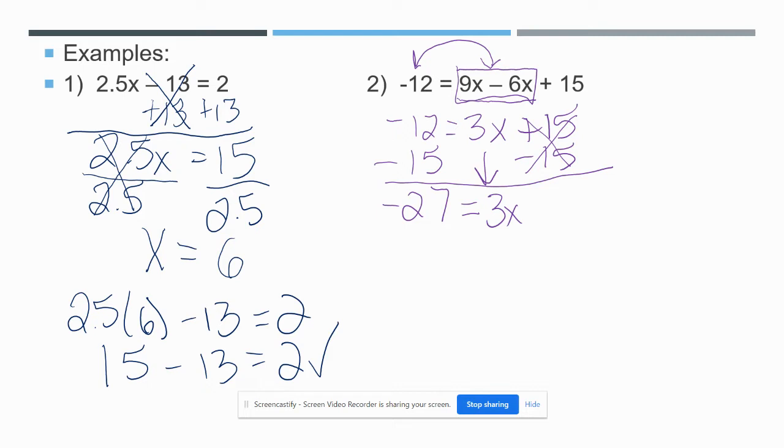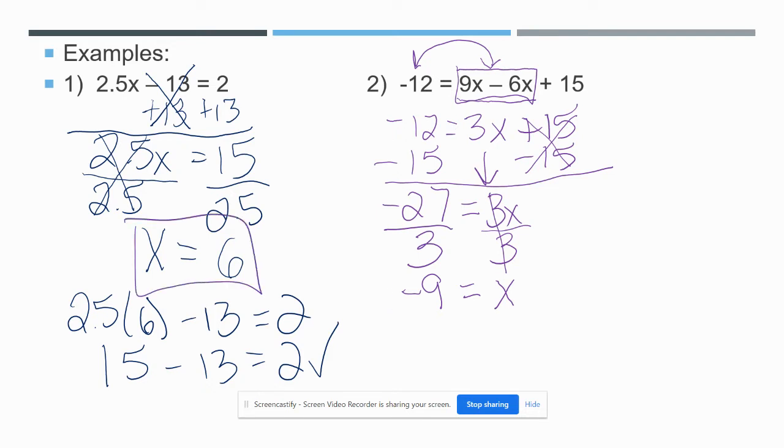Let's finish solving our problem, getting x alone. Right now, this is 3 times x, so the opposite is to divide by 3 on both sides. Negative 27 divided by 3 is negative 9. And 3 divided by 3 is 1, so we're left with 1x or just x.